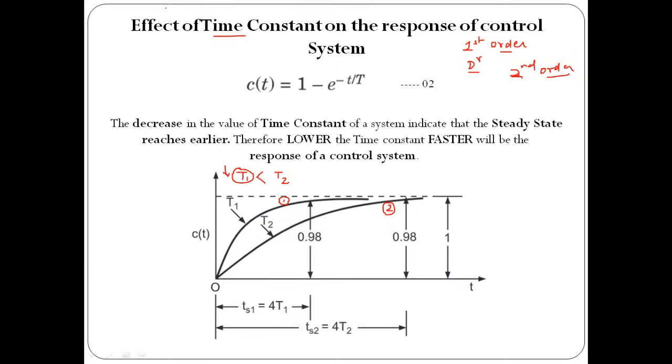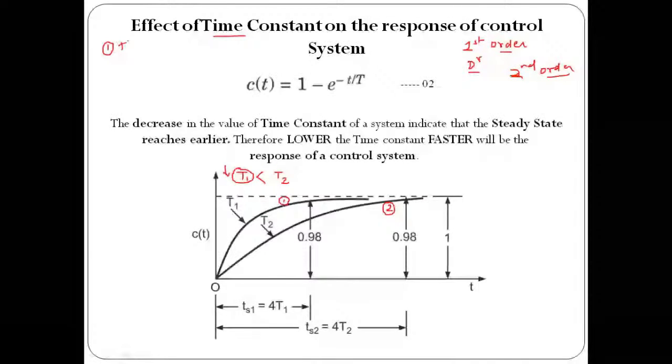And what are the steps that we need to implement in order to find the time response of any system? First we need to obtain the transfer function of that particular system. That is important.